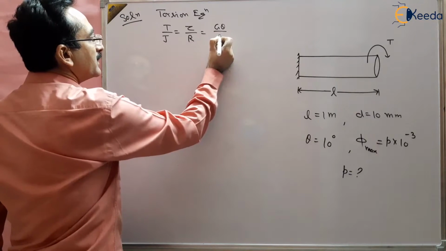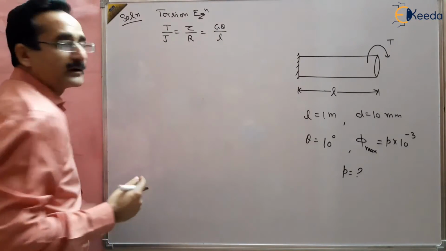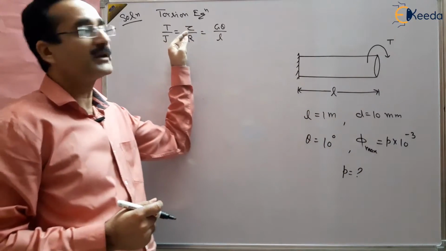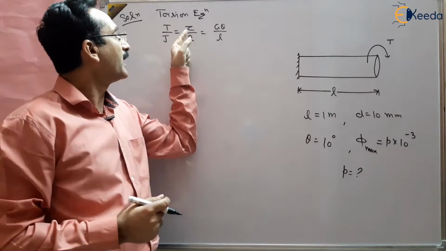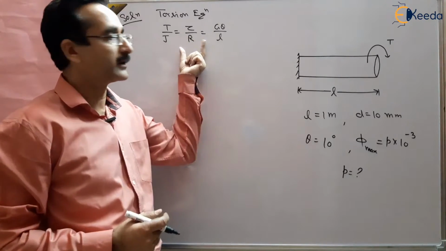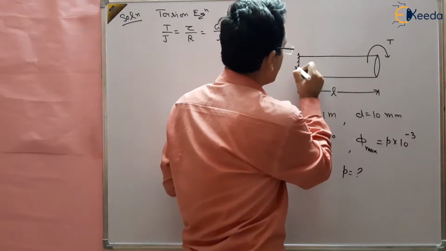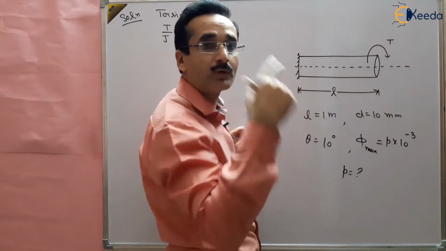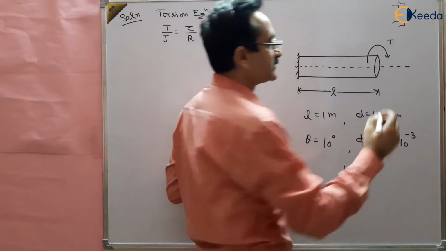Here they are saying that the maximum strain will be obtained when there is maximum shear stress, and maximum shear stress is at the outer periphery, right? In the shear stress distribution you will know that the shear stress is maximum at the outer periphery and zero at the neutral axis, right?